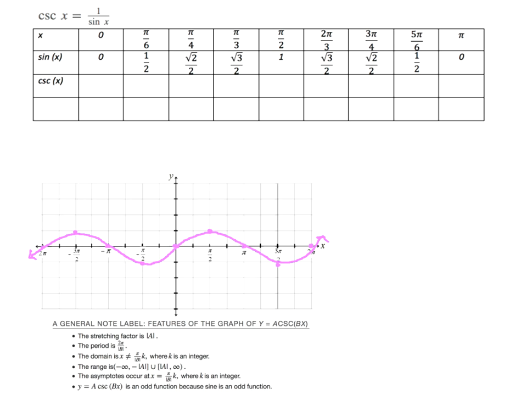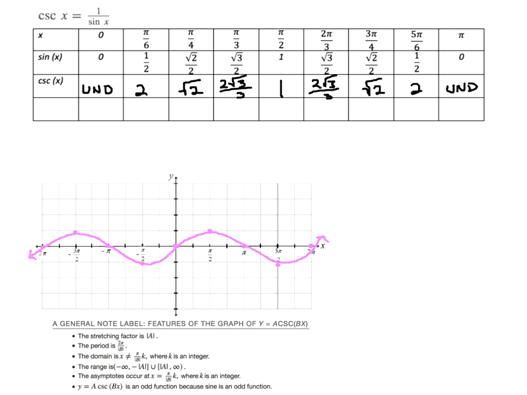I'm going to go ahead and fill in all the values. I've already done the work for you. So this is undefined. This is 2. This is square root 2. 2 square root 3 over 3. 1. 2 square root 3 over 3, square root 2, 2, undefined.